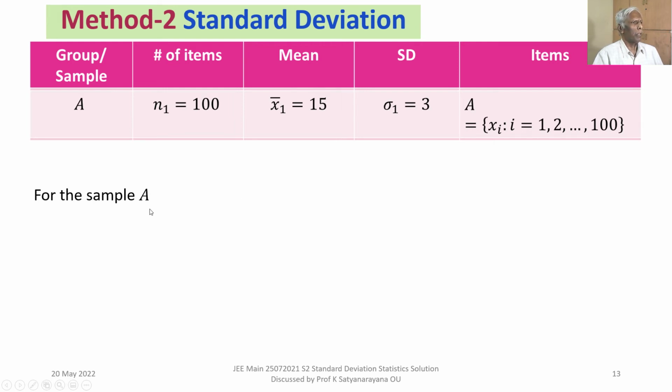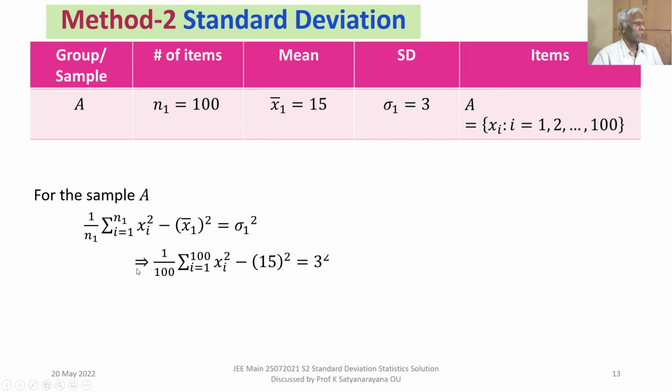For sample A, we know sigma 1 square, that is 3 square, that is 9, and the formula is 1 by n1 into sigma i equals 1 to n1 xi square minus x1 bar square. In this, all are known except sigma i equals 1 to n1 xi square. So that we will continue.